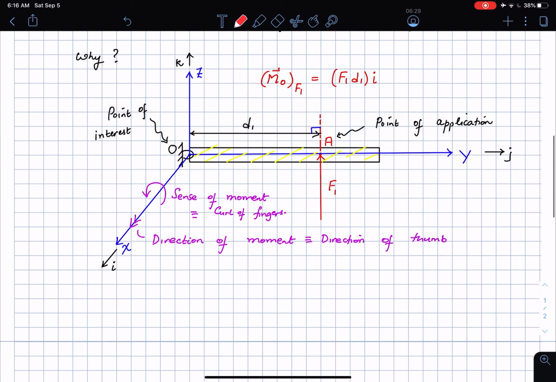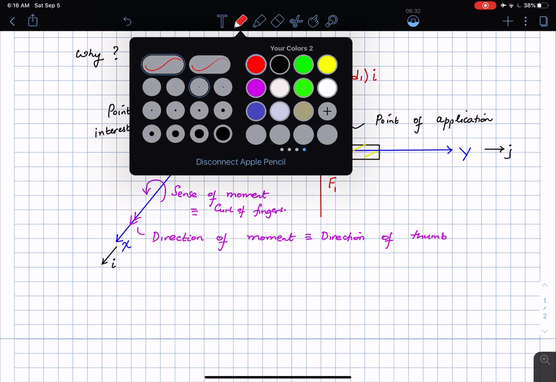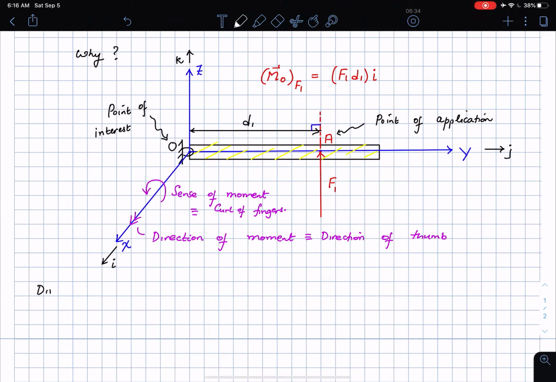The thing to note here is that the direction of the moment vector is also perpendicular to the plane containing the force and the distance. You see, the force is in the z direction, the distance is in the y direction, and the direction of the moment is along the x-axis.